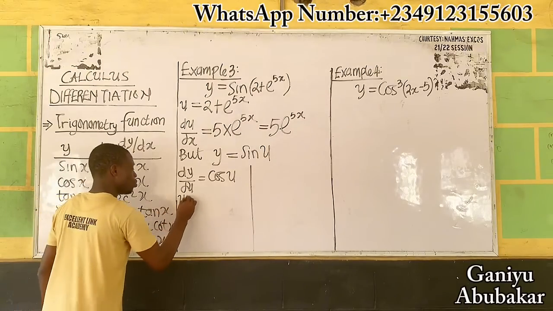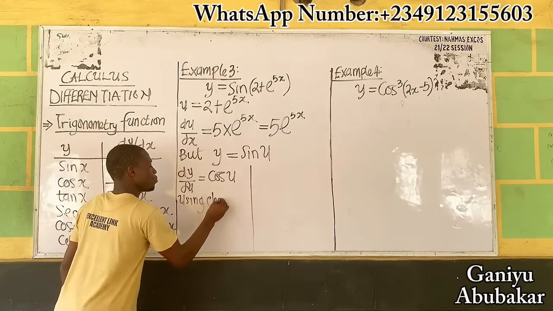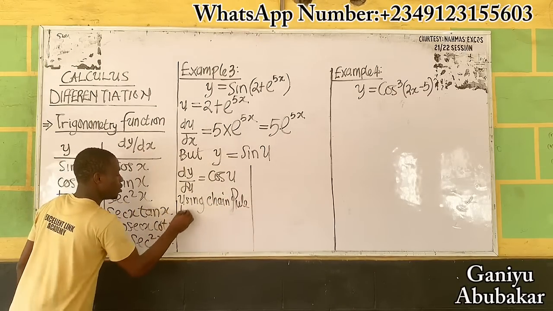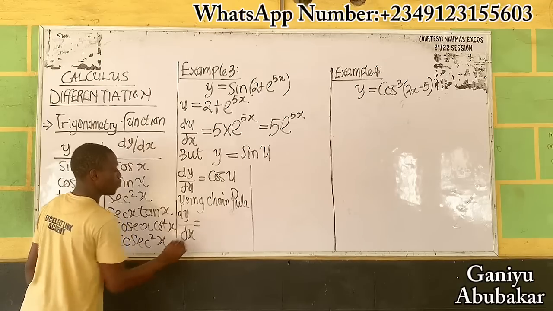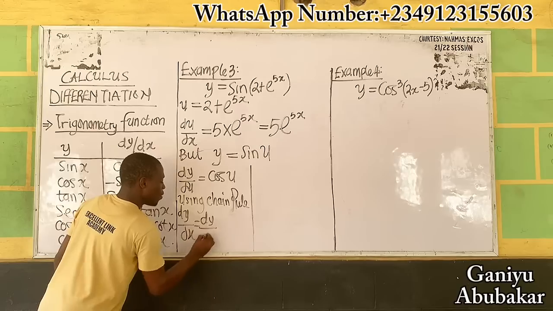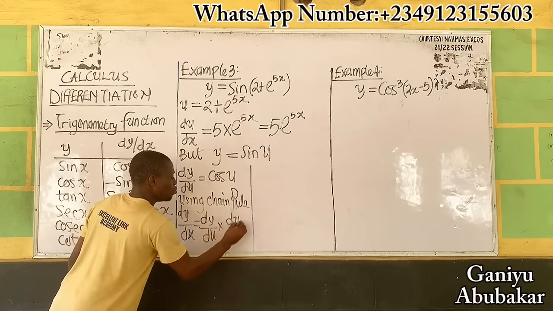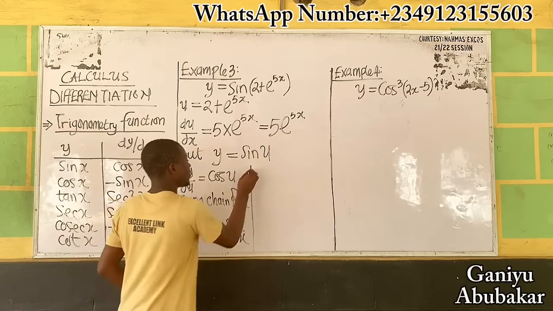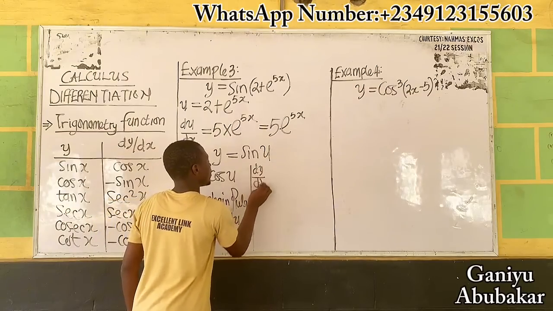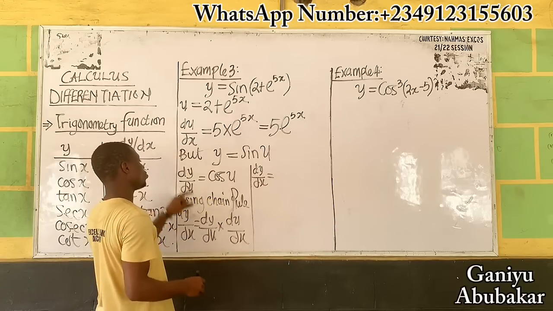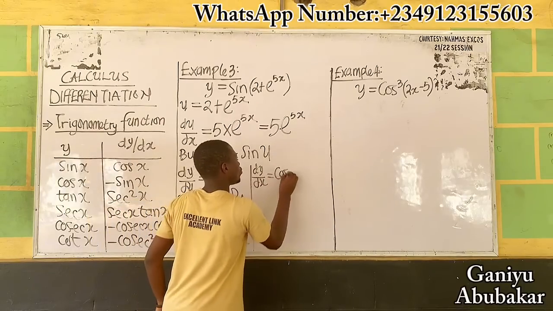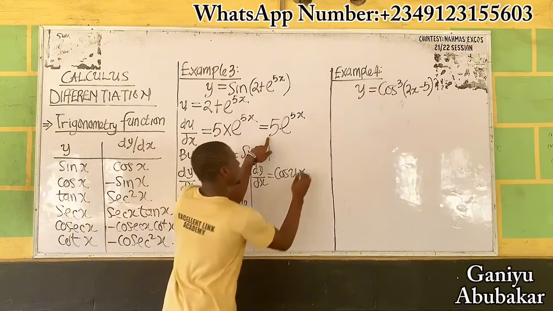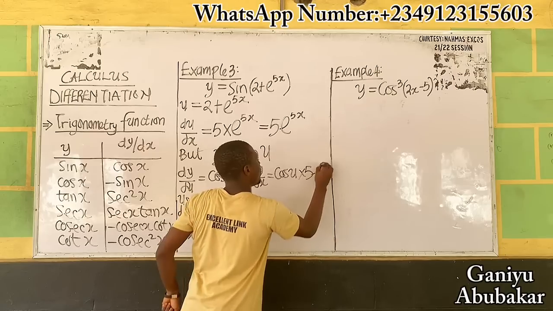So using the chain rule, I'll have that dy/dx is equal to dy/du times du/dx. Get this done. So dy/dx is equal to dy/du, that's cos u, times du/dx, that's 5 exponential 5x.